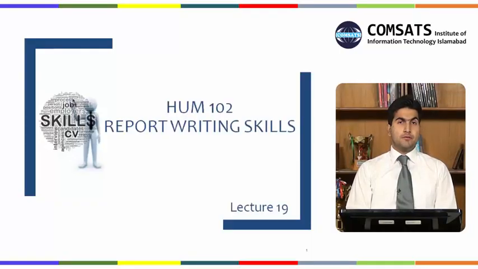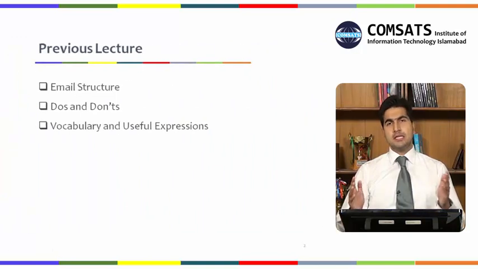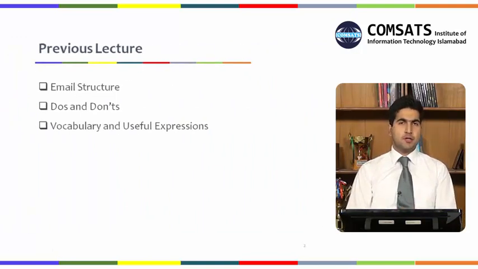If I talk about what we have just covered in the previous lecture and the one before it, we're trying to focus more on a specific form of writing, which is email, the electronic version of a mail, and the manner in which it has been discussed.